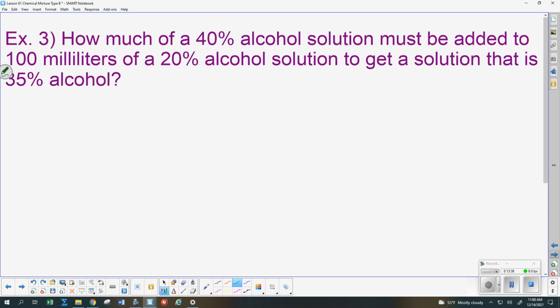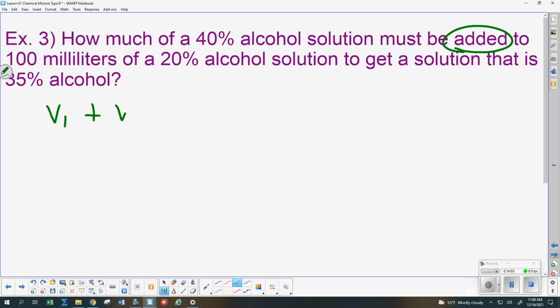Okay, we start off with a 40% alcohol solution. Actually, no, we're going to add a 40% alcohol solution to 100 milliliters of a 20% alcohol solution to get a solution that's 35% alcohol. So we're adding two things together in this one. So we know it's the first kind of problem.